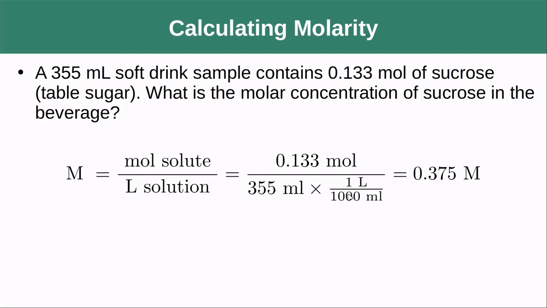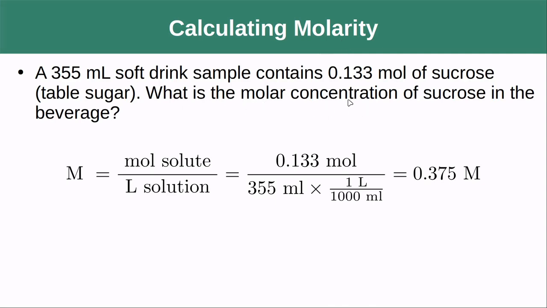So I'm going to need to make a conversion in my denominator here in order to ensure that I have liters in the denominator. The second is that I was given moles directly instead of mass, so I don't have to do any conversions with that to make that into moles. So that can go directly into my numerator. The final thing is that the word molarity never really appeared in this question.